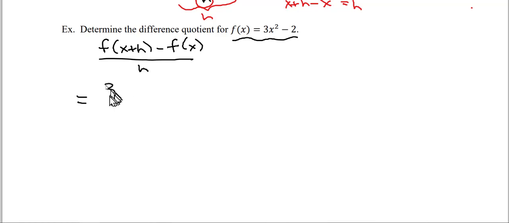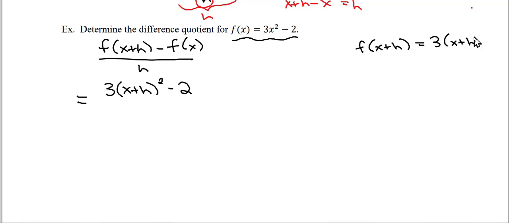So I write my 3 down. I replace that x with x plus h. That first part that I just wrote there, that is my f of x plus h. Wherever I see an x, I replace it with x plus h.